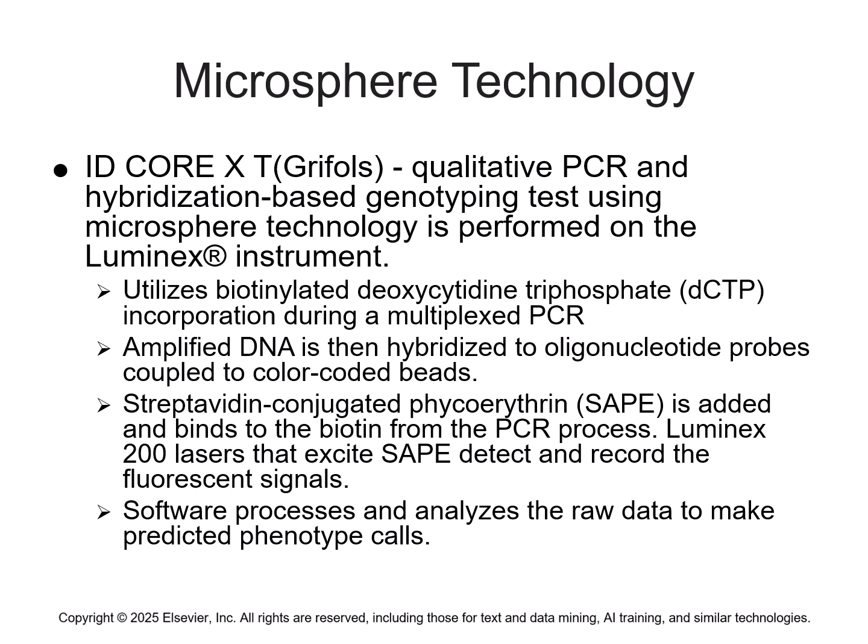The amplified DNA includes this biotin and it's hybridized to probes on color-coded beads, just like in the previous example. But in this case, we use streptavidin that binds to the biotin in the DNA and it produces a product. This technology uses lasers that excite this product, and they detect and record the fluorescent signals from this product. This requires a software computer system to analyze the raw data to make these predicted phenotype calls.